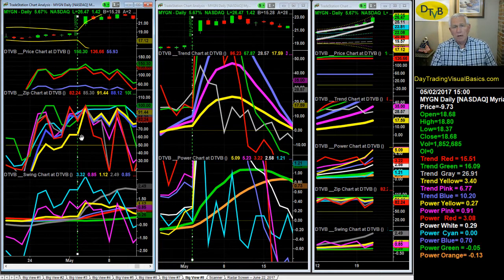If you've heard me talk about it, those two almost always travel together. When zip blue and zip yellow separate, and then come back and touch each other and travel together, there's strong price movement. Typically, you'll get 2 or 3 strong candles that'll bring the two lines back together. It basically causes price movement.